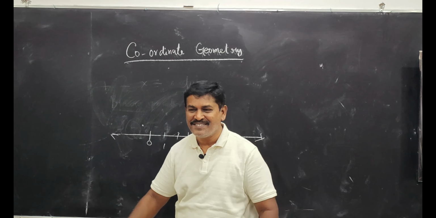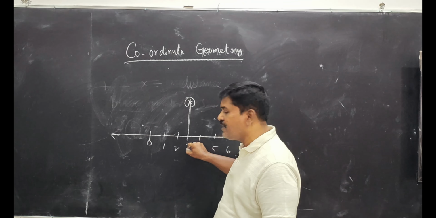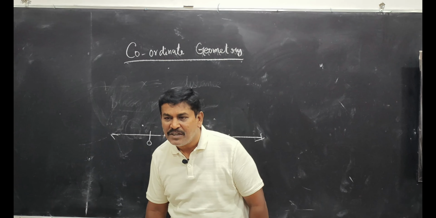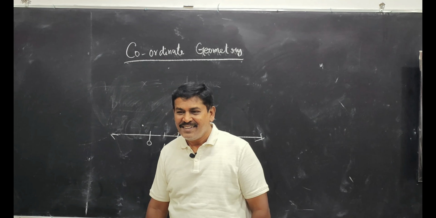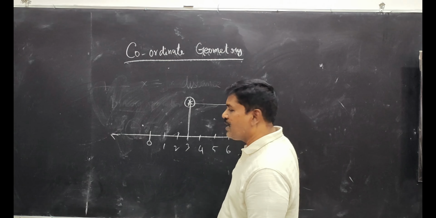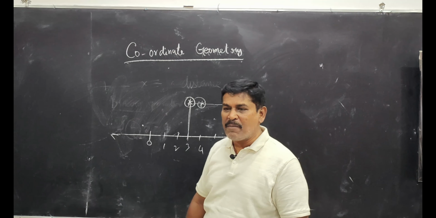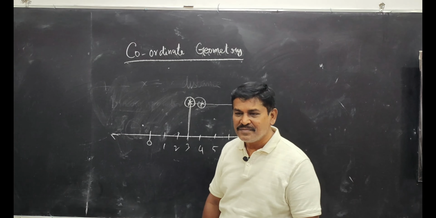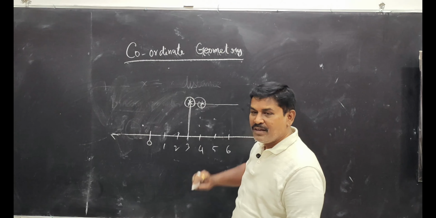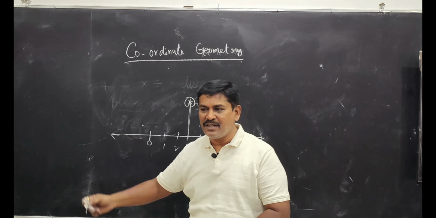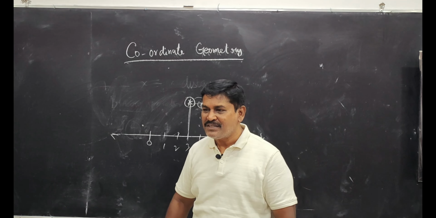It has started from 0, and exactly it is at the 3rd centimeter. It moves in this horizontal direction and comes here, and now it is at the 4th centimeter. When it moves horizontally, he can measure it.